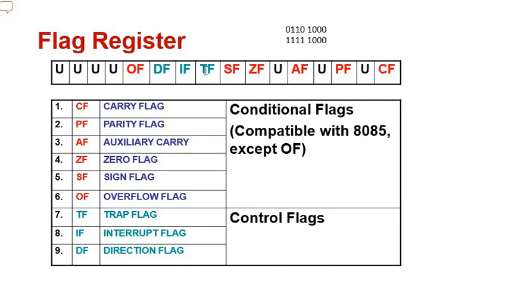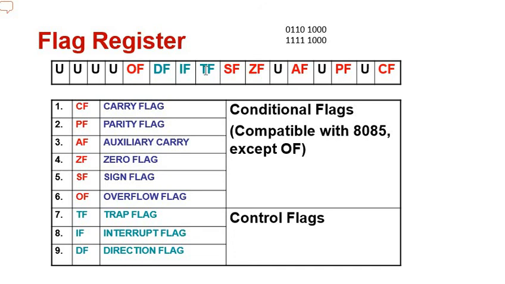In minimum mode, a single microprocessor does the function with its interface circuit. In maximum mode, it can interface with an additional microprocessor, share the bus architecture with it, and perform the function. So that is maximum mode. The trap flag is a single step mode.